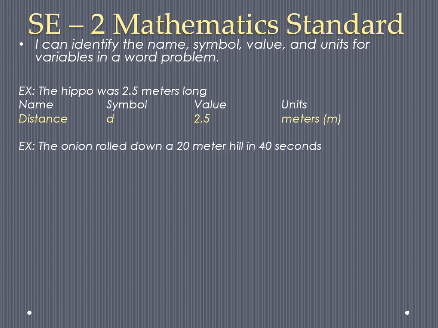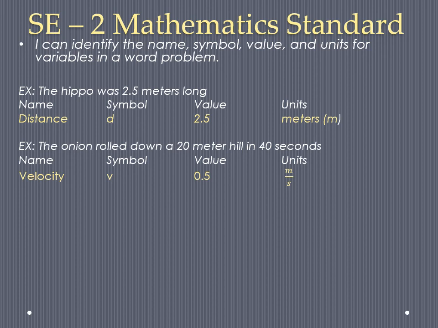If you read the next sentence, the onion rolled down a 20-meter hill in 40 seconds, that looks like two variables, but I'm actually expecting that if you read that all together in a sentence, you realize that we're actually talking about velocity, which is one of those variables made up of other variables, because velocity is how many meters an object covers every second.